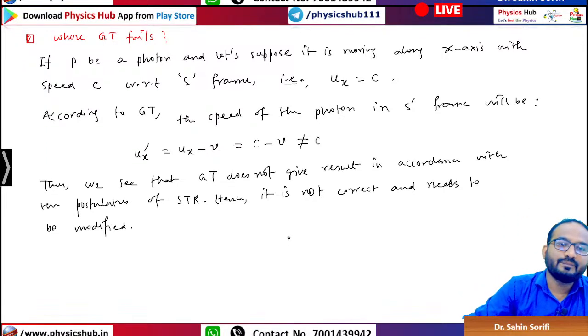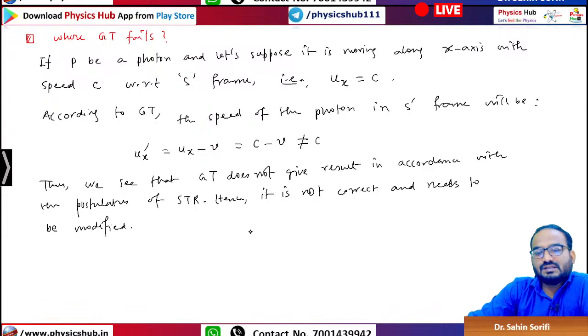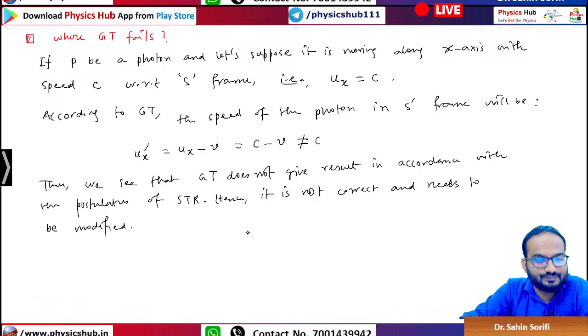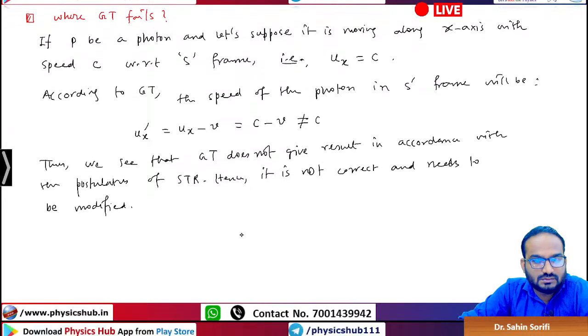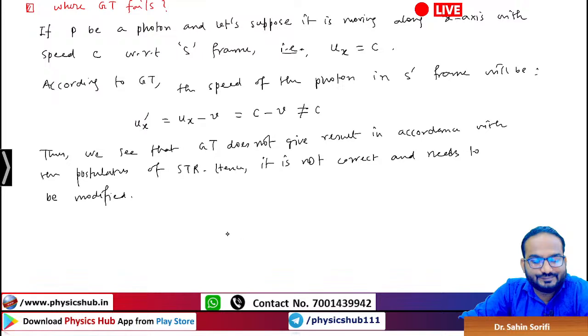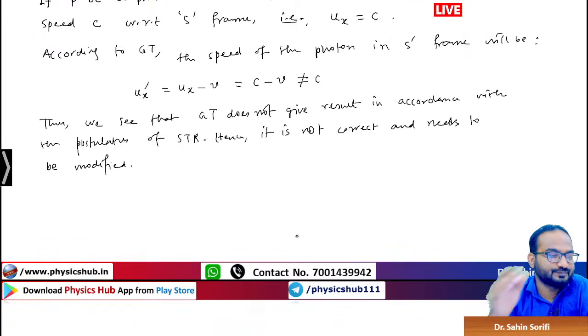Now, to make it compatible with the postulates, Einstein basically did some modification. Later, another scientist, Lorentz, joined in, and the overall transformation was named the Lorentz transformation.